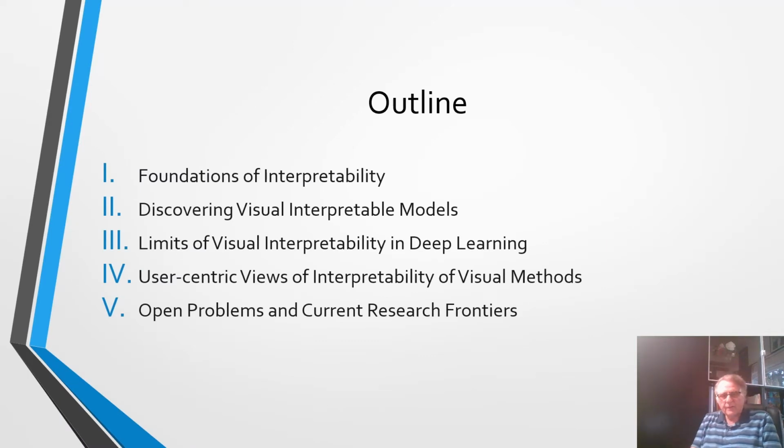So we have 5 sections which we will cover, starting from foundations of interpretability, then discovering visual interpretable models, limits of visual interpretability in deep learning, then a user-centric view of interpretability of visual methods, and open problems with the current research frontier.